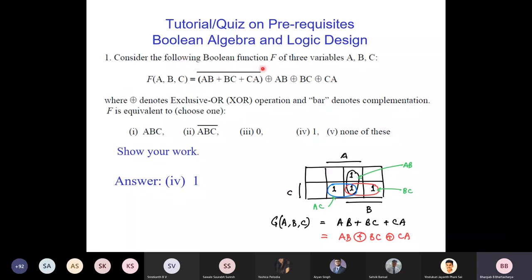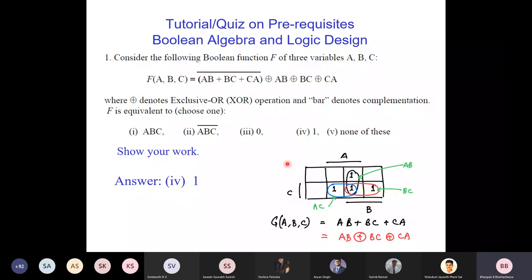But this has a complement on it. So essentially you have a function here, exclusive OR with the complement of that function, right? So that means it is equal to 1, because a function x exclusive OR x bar is equal to 1. So just from pure logical argument, you can come up with this. This is a clever way of doing it.